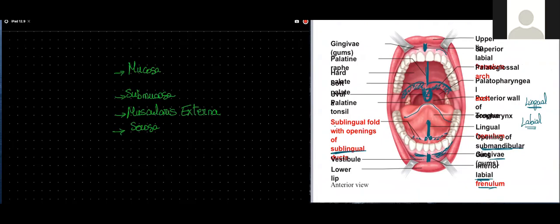The only thing that might be confusing is going to be those arches. So you've got 2 arches on here, one in the front, one in the back. The one in the front, if you see, connects the hard palate to the tongue, or it's connecting the hard palate to the pharynx.